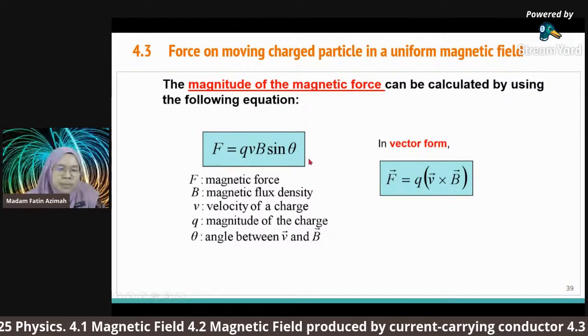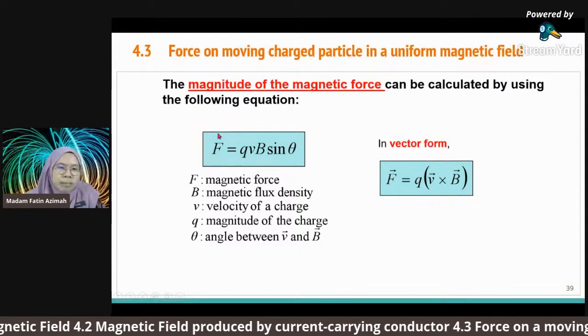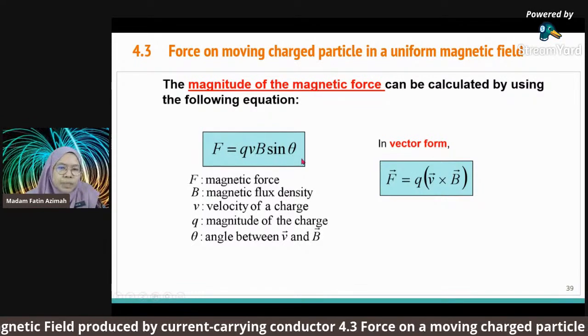For cross product, in order to get a maximum magnitude, the angle should be 90 degrees.